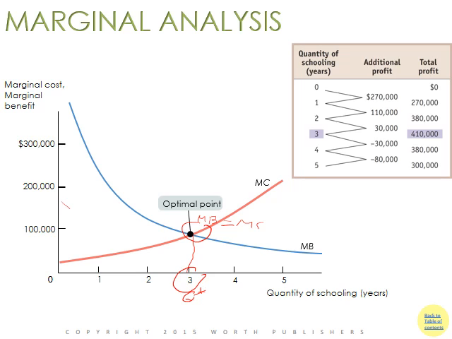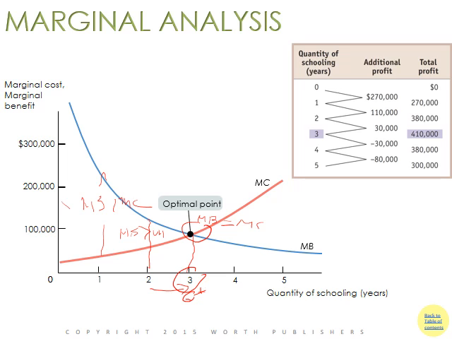And you can see if we were going to school for 1 year at this level of output, marginal benefit is greater than marginal cost. At 2 years of schooling, same thing, the marginal benefit is greater than the marginal cost. So we want to expand output in order to increase profits.